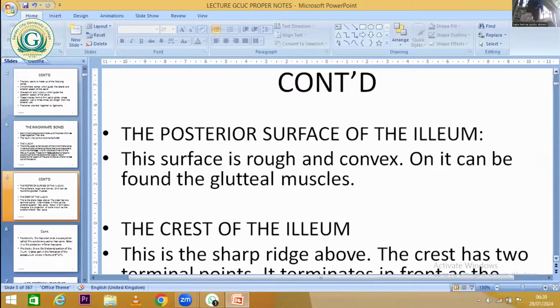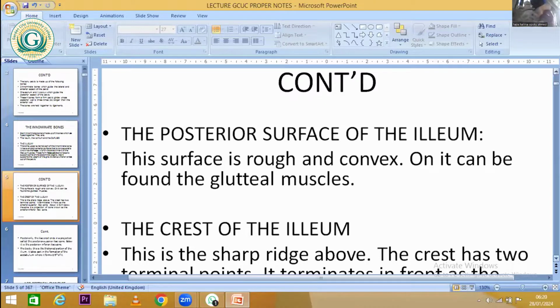It is convex and it gives attachment to the gluteal muscles, while the inner aspect is concave, and it gives attachment to the iliacus muscle. Please take note of that. Is that clear? Yes, sister.